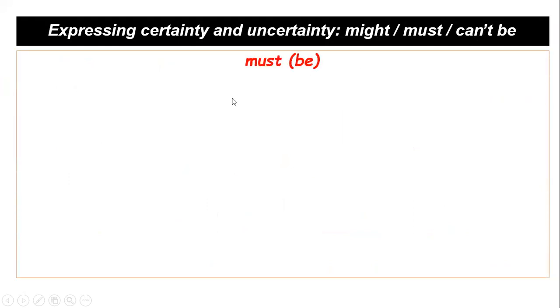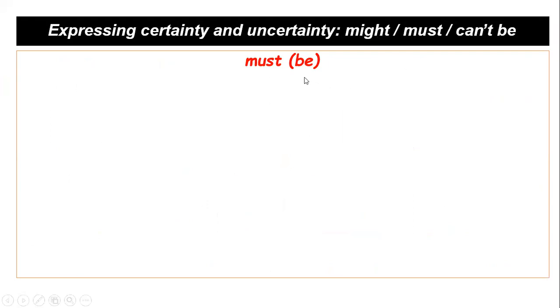Let's move to another point. We use these modal verbs, or some of them, to express certainty and uncertainty. Might, must, can't be. Let's start with must be.